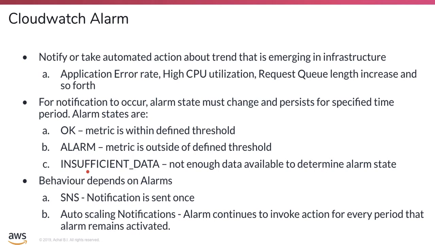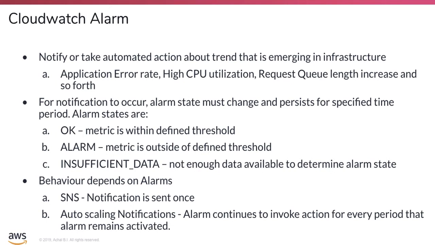So let's say we have an EC2 instance, and we have not enabled detailed monitoring. When we have not enabled detailed monitoring, we cannot get data for every single minute. But let's say we create an alarm for 1 minute data capture.